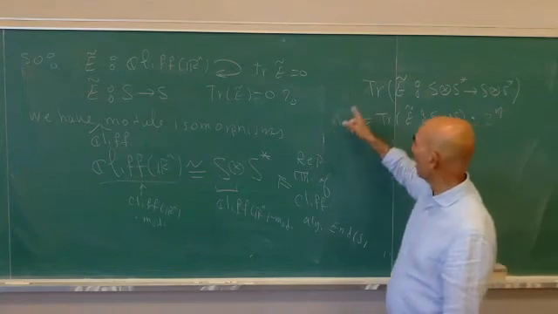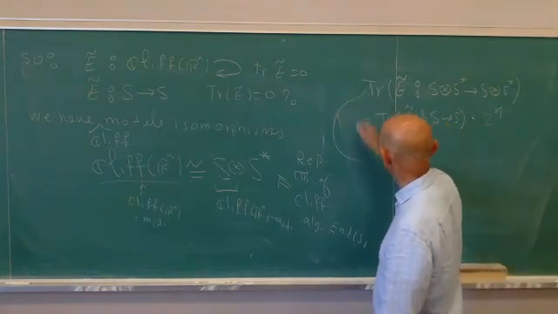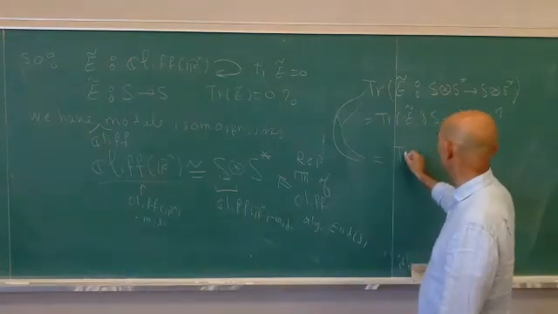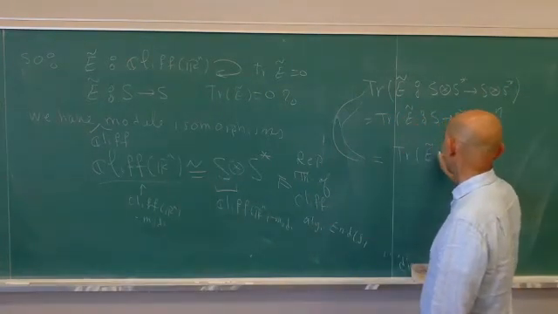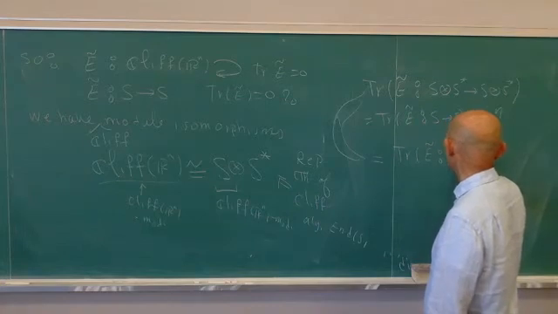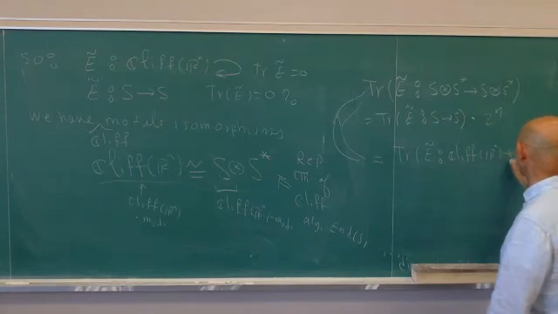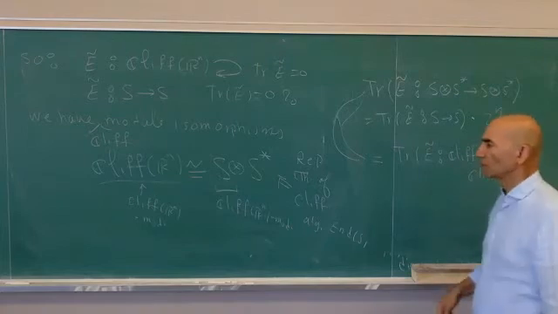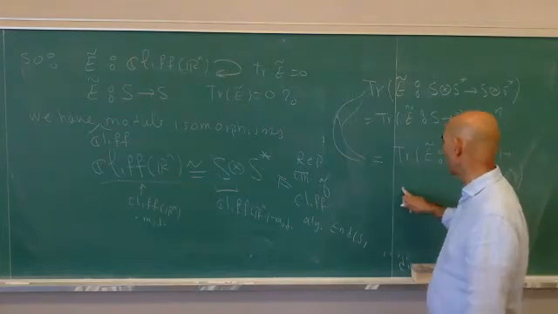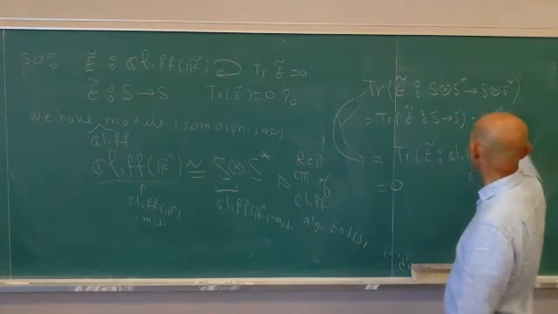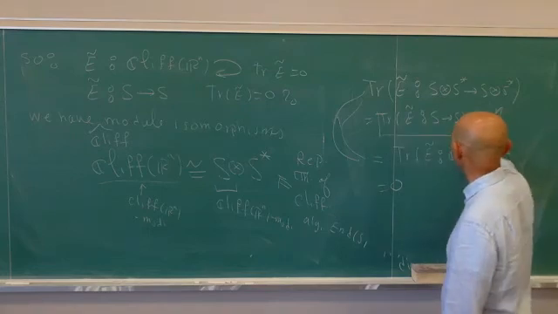But on the other hand, I know that this is equal to the trace of E tilde as a map from Cliff Rn to Cliff Rn. But we just argued here that this is 0. So this is 0, this is not 0, so this better be 0. And that's what we wanted to prove.